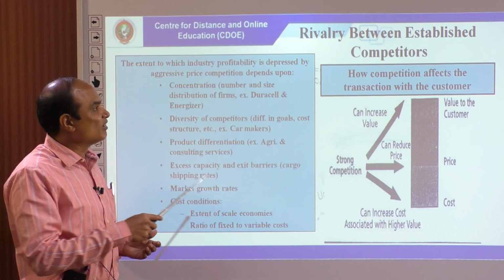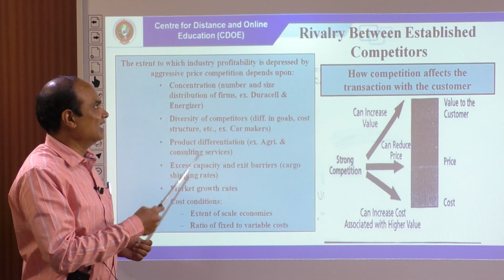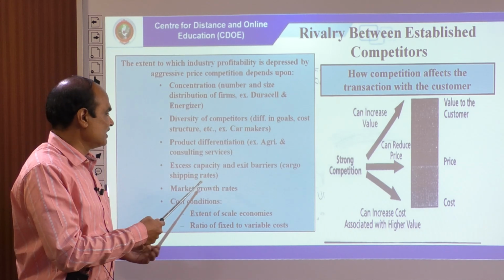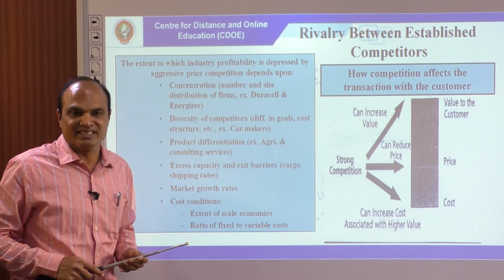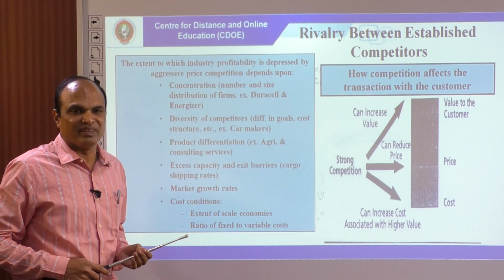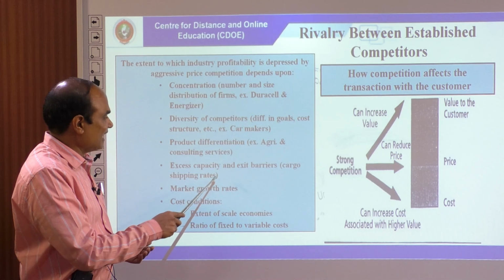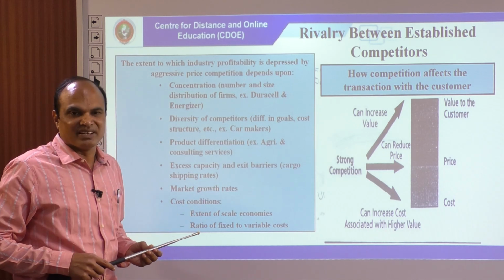So it also depends on the rivalry among the existing players or competitors, that is, what the capacity and exit barriers are. That is why the rates vary very dramatically.